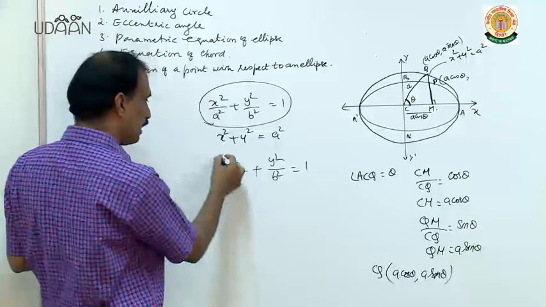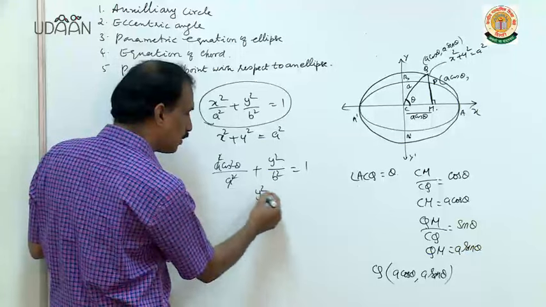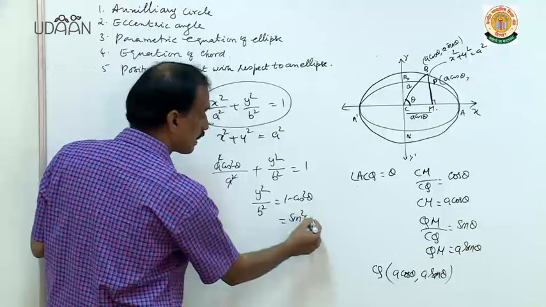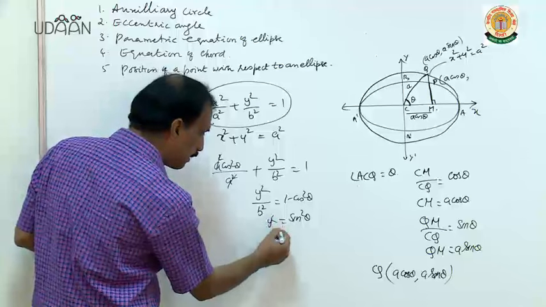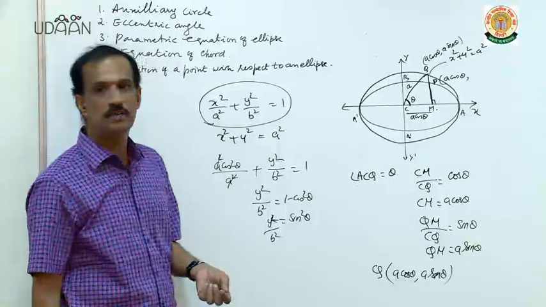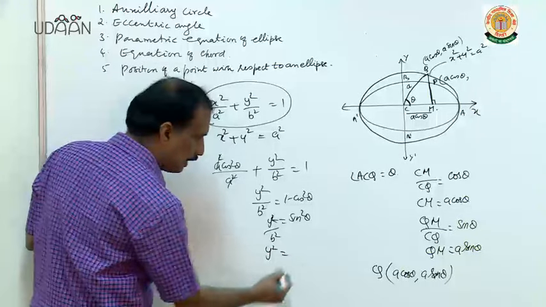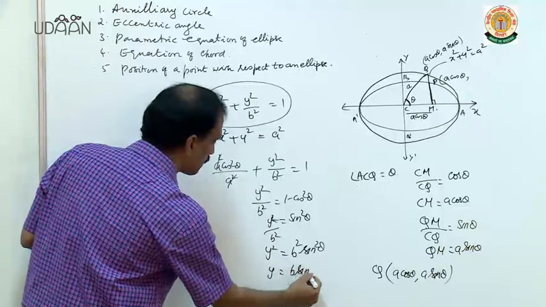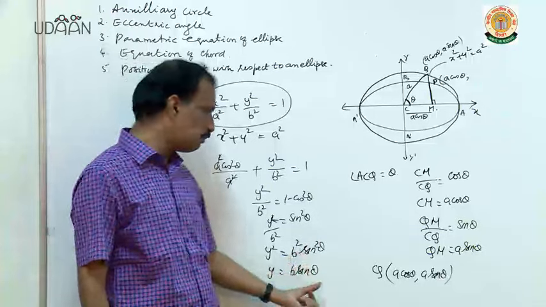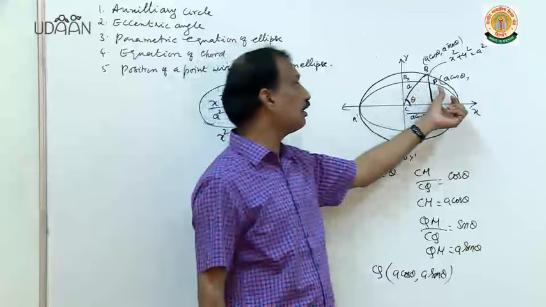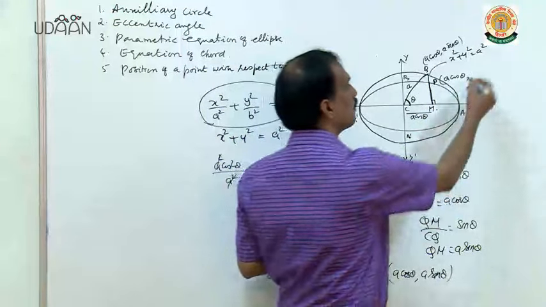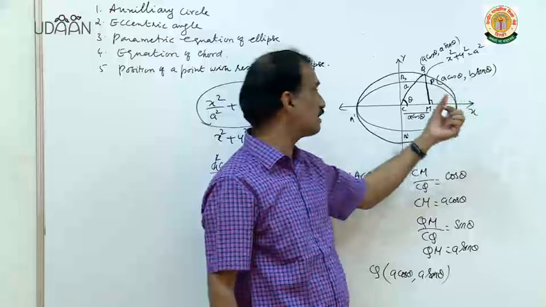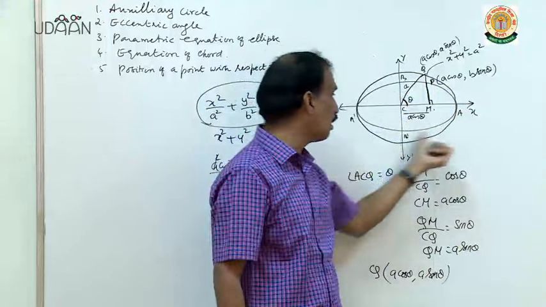1. So a square cancels, and y square by b square equals 1 minus cos squared theta, which you know is sin squared theta. So y square by b square is sin squared theta, so y square is b square sin squared theta, or y equal to b sin theta. We already know x is a cos theta. So a cos theta, b sin theta is the coordinate of P lying on your ellipse.